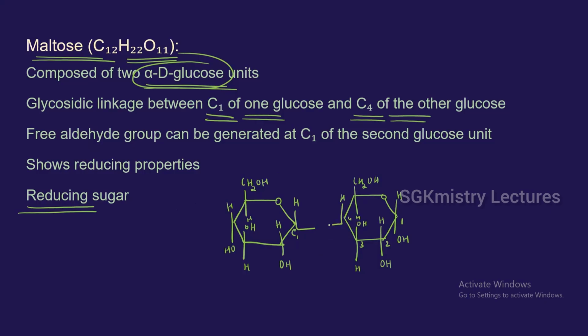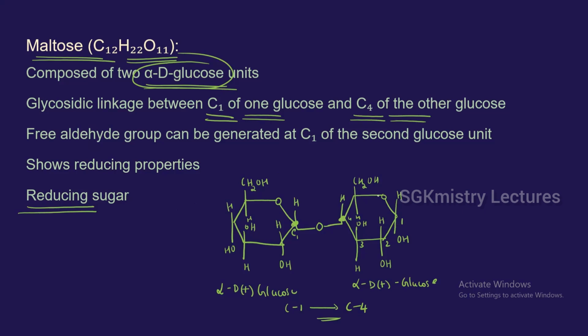Okay, this H remains the same. H2O is removed off. You're going to get the glycosidic linkage. So this is alpha D plus glucose. This is also alpha D plus glucose. The linkage is between C1 to C4. So this is C1, this is C4. So a glycosidic linkage is formed, right?